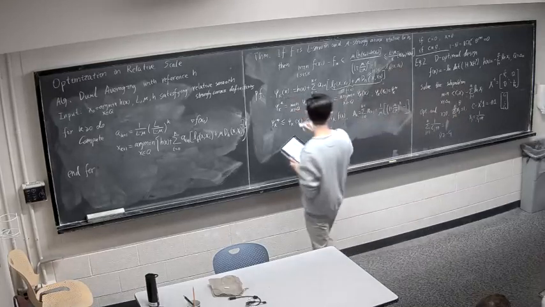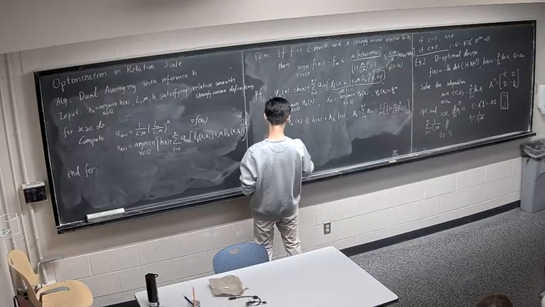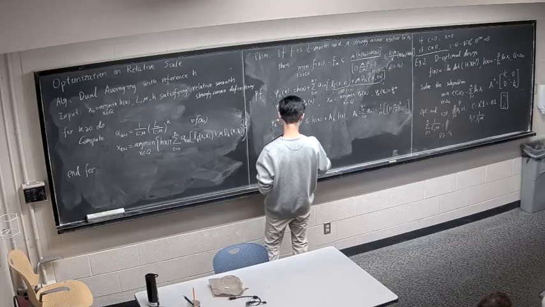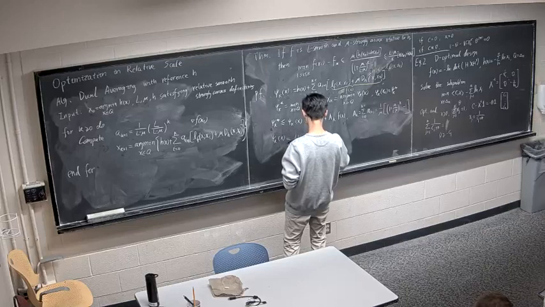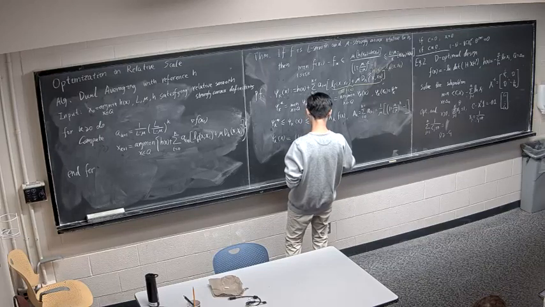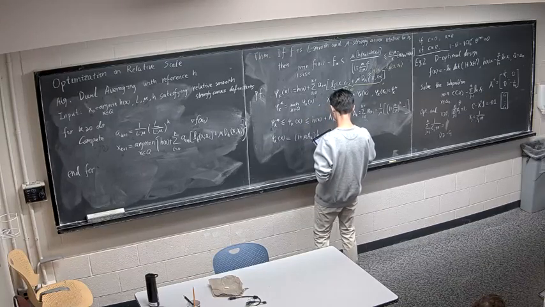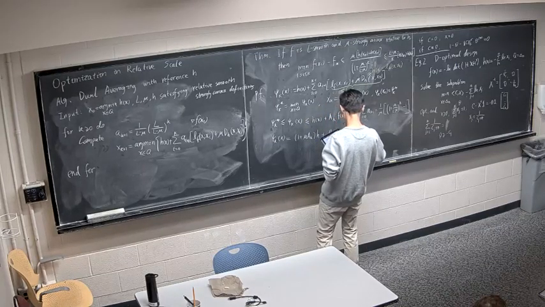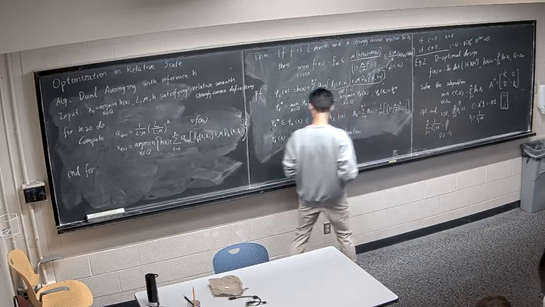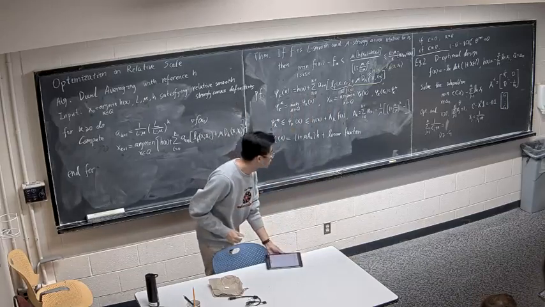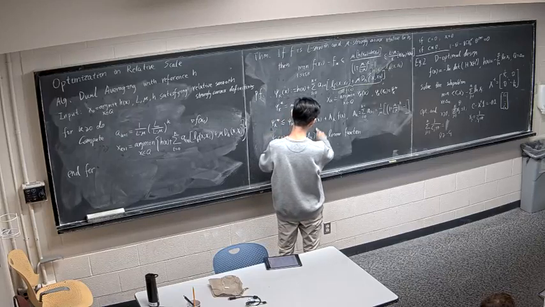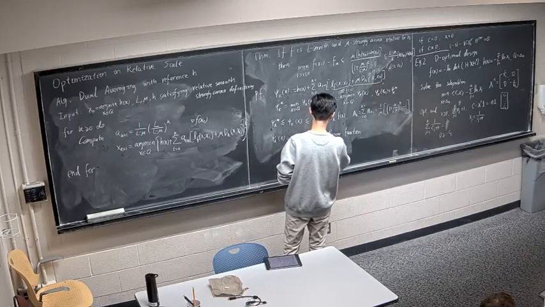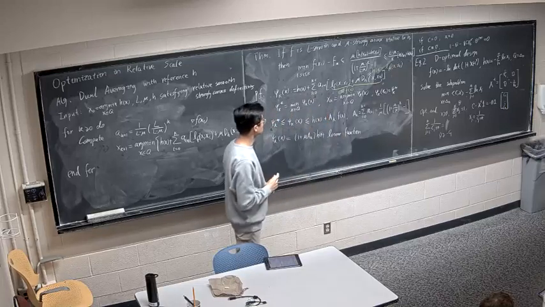So this psi k of x can be rewritten as 1 plus mu times capital A k times h of x, plus a linear function, right?